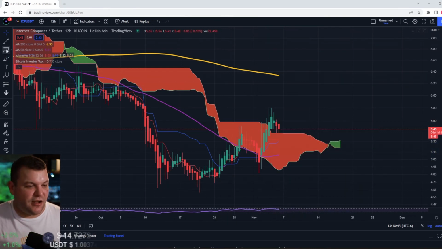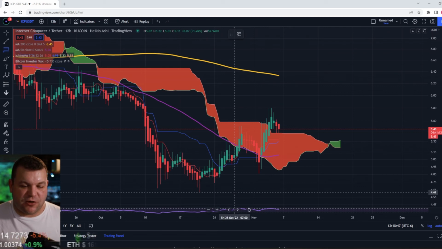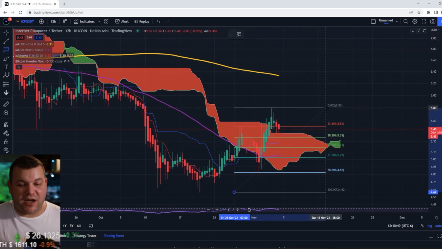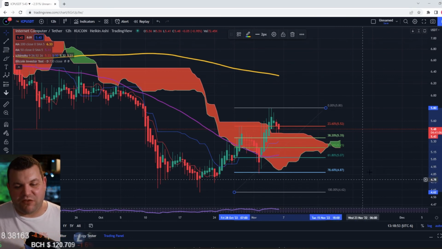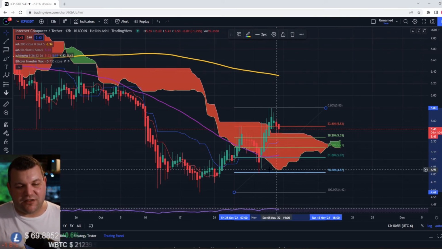So let's just say there's this massive showdown between FTX and Binance. We could be looking at this $5.07 level, $4.87 level with ICP. We need to just wait to see what happens with this situation, see what kind of volatility the market experiences over the next day or two with ICP and things like that.